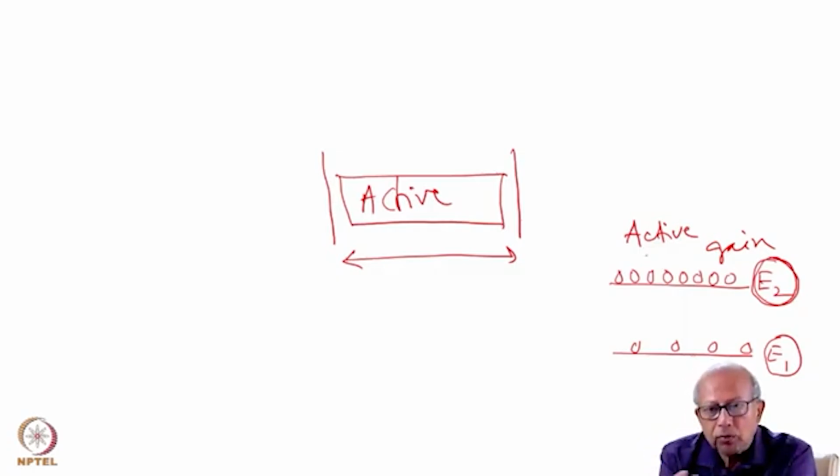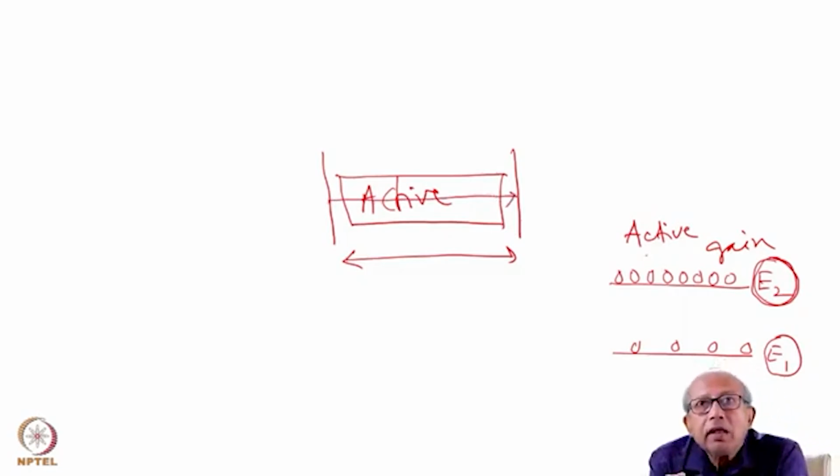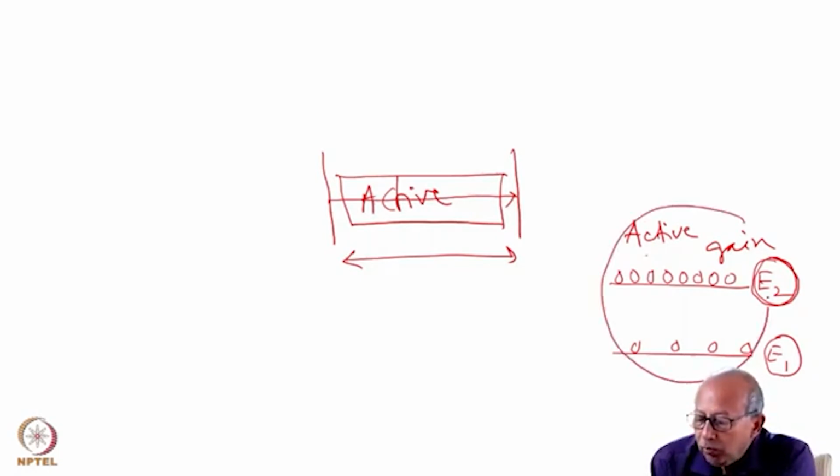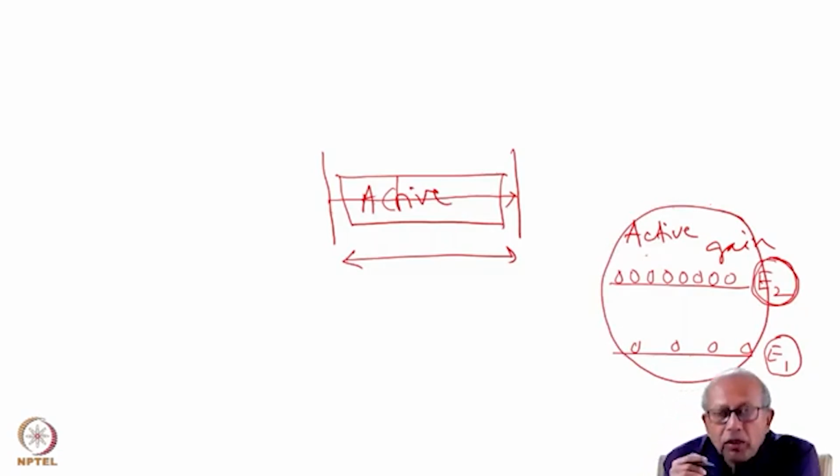Some of the spontaneously emitted photons which travel along the axis of the cavity can seed the stimulated emission. And the stimulated emission, by taking advantage of such a population inverted medium, can actually allow amplification of light.